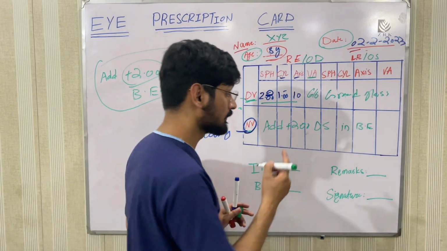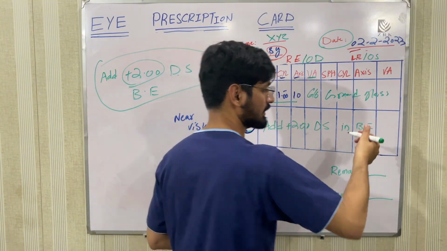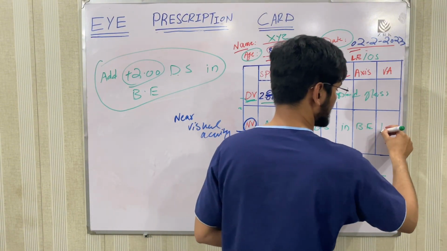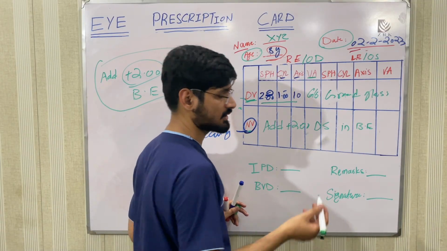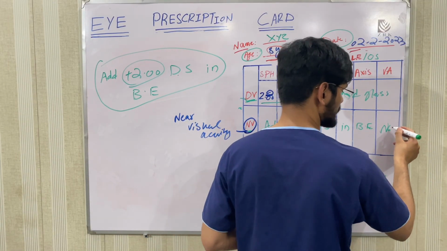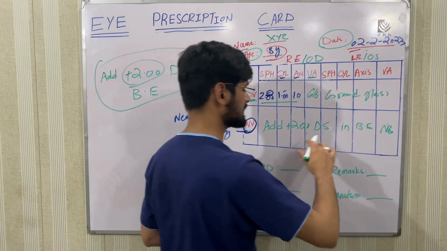It is necessary to mention it here. It may be N5, N6. In my case, the near visual acuity of the patient is N6. So this is the first way.